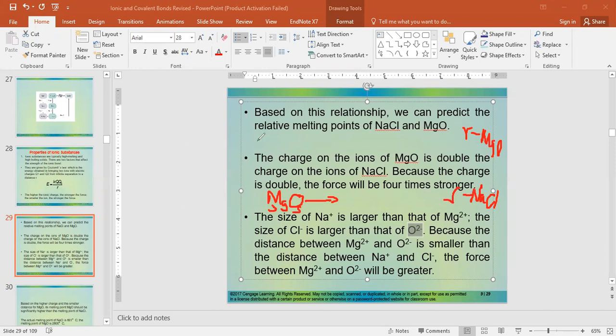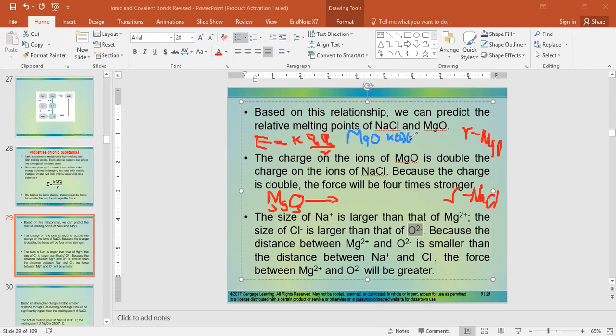The equation was E is equal to K Q1 Q2 all over R. Now, if I put this for magnesium oxide, we have a K multiplied by 2, multiplied by 2, divided by R. You know where these two came from?